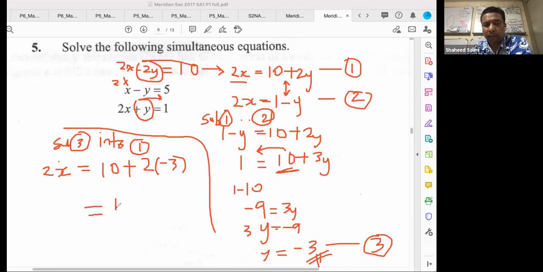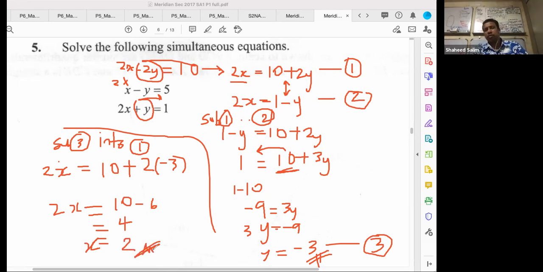So now you have 10, 2 times 3, 6, minus 6. 2x is equals to 10 minus 6 is 4. 2x is equals to 4. And what is x? 4 divided by 2. You get 2. X is 2. Y is minus 3.